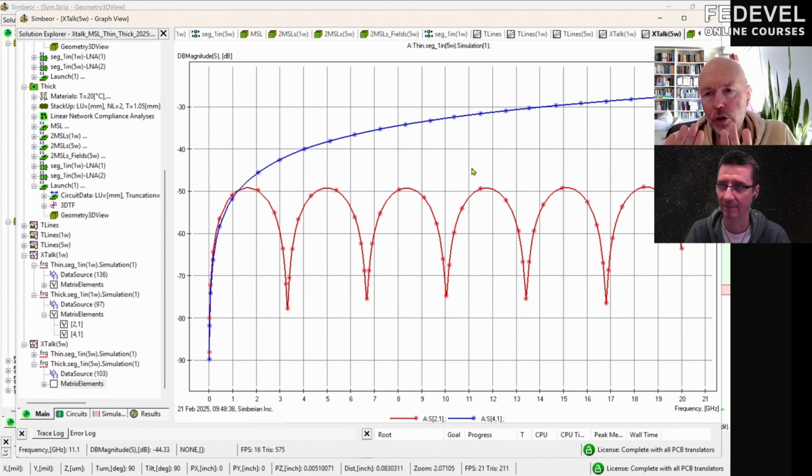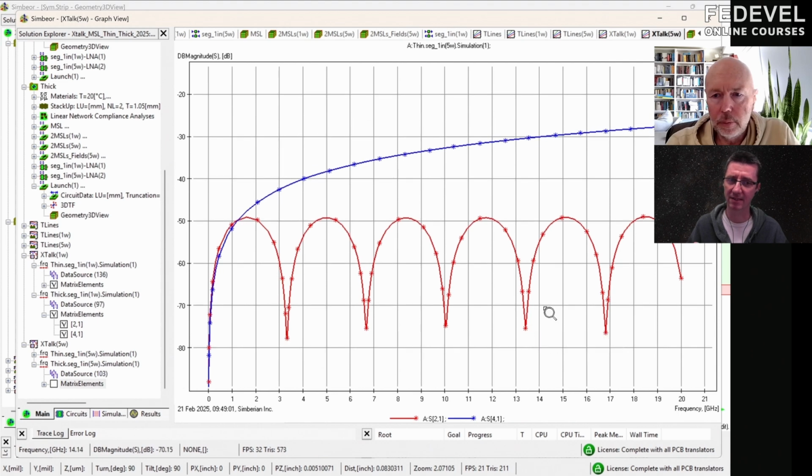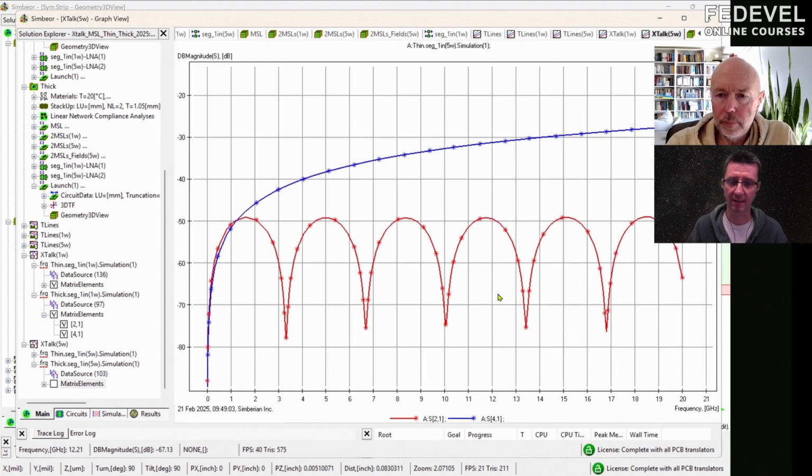Again, it's a 1-inch structure, and at higher frequencies you have more mismatch between even and odd mode, and then they create this far end crosstalk. Near end crosstalk is minus 50 dB. This is the level. Now I'd like to explain, if someone doesn't exactly understand, the far end and near end crosstalk.